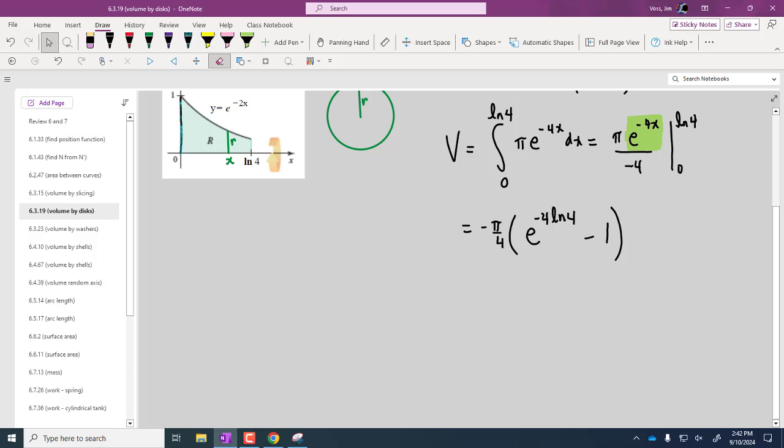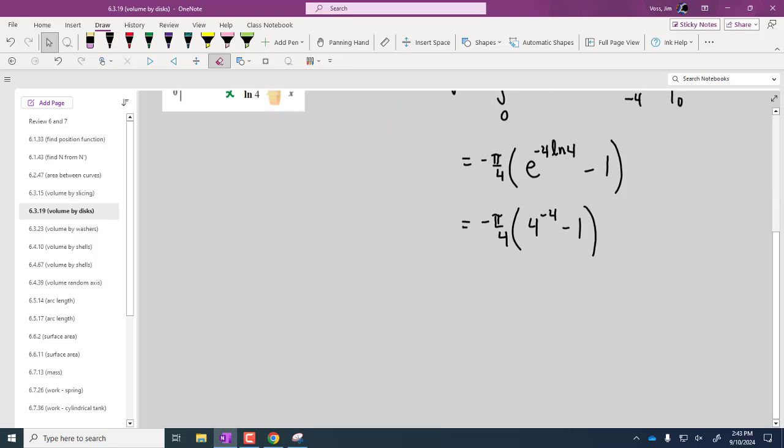There's a little more simplification we can do here. How do we simplify that e to the negative 4 natural log of 4? So e to the negative 4th, so e to the natural log of 4 to the negative 4. That negative 4 comes up as an exponent, and then the e and the ln collapse. So we're going to have 4 to the negative 4 minus 1. 4 to the negative 4, we can keep going.